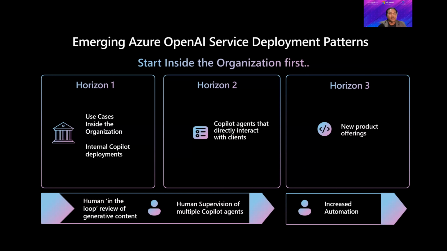And as you gain confidence there, the next is Horizon 2, where you implement the Copilot concept, where you give the AI model to your customer service agent or your advisor. So they use it to generate content. And on top of that, they are not just copy pasting it or giving it directly to the customer.